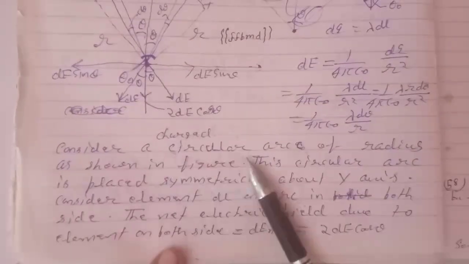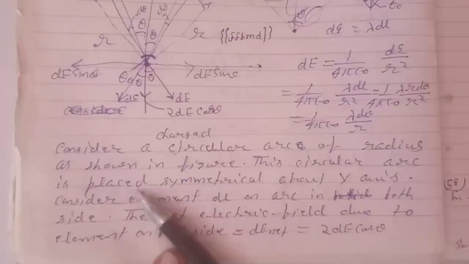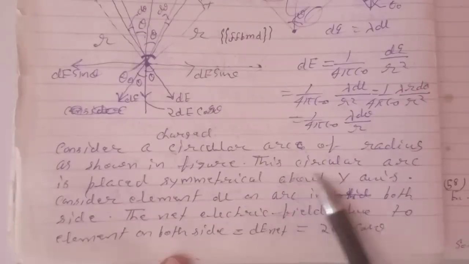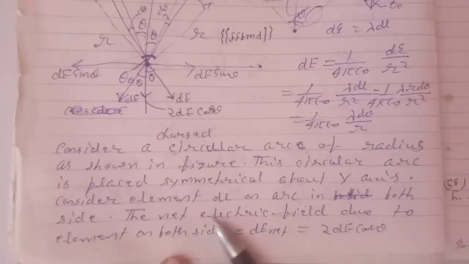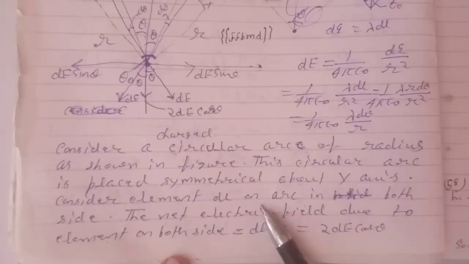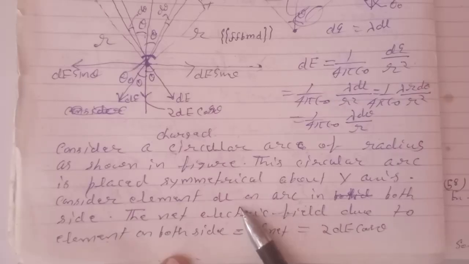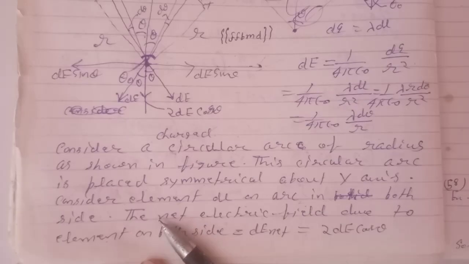Consider a charged circular arc of radius r as shown in the figure. This circular arc is placed symmetrically about the y-axis. Consider element dl of the arc on both sides.